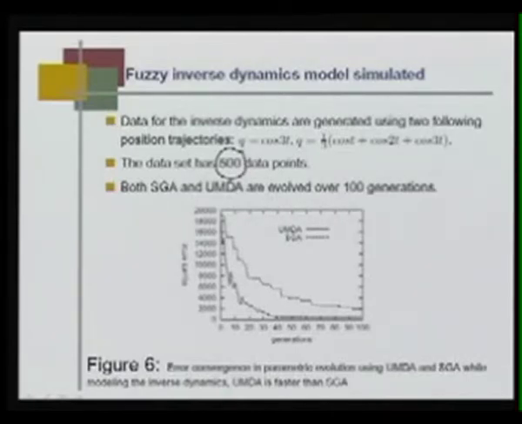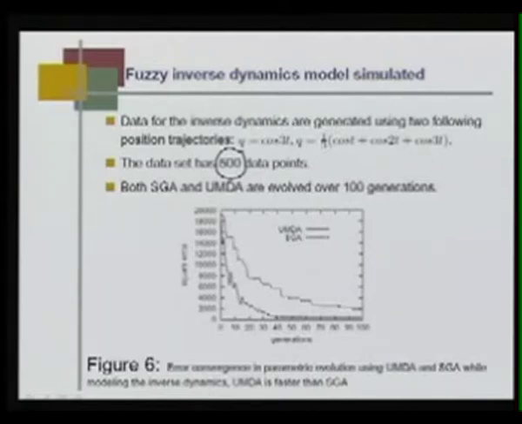Okay. So, if you see the learning of UMDA, which is the solid line, and the simple genetic algorithm, which is the broken line, you will see the error convergence in parametric evolution using the univariate marginal distribution algorithm and the simple genetic algorithm while modeling the inverse dynamics.